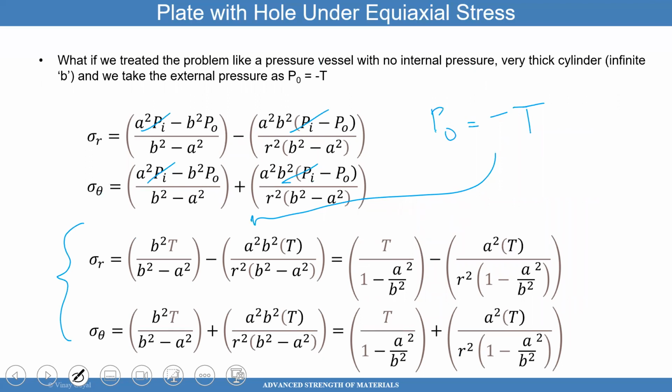Now you can see here that because B goes to infinity, and I wrote it in a different way, I basically divide the numerator by B squared and the denominator by B squared. I can write it in a different way, but all these expressions are basically very similar. I'll pause there a couple of seconds to see if there are any questions.